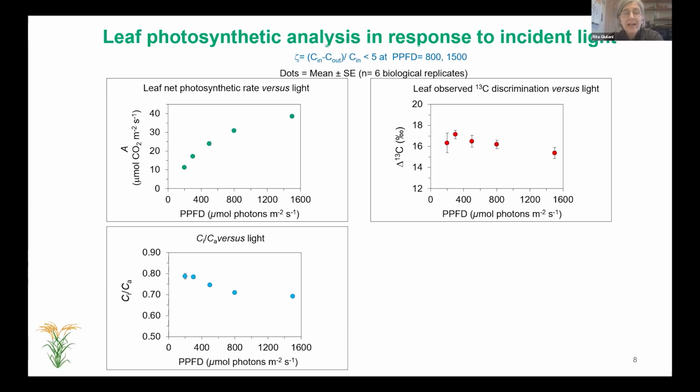The intercellular to atmospheric CO2 concentration plotted versus the light levels show a decreasing pattern, and the decreasing pattern is explaining the decreasing trend we observe in the 13C discrimination we just saw.